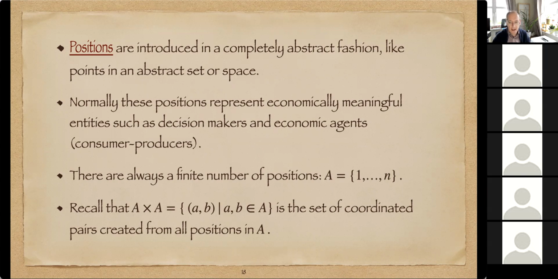So A times A are all the possible combinations of two positions in A. And there's an ordering. So (a, b) is different from (b, a), because a precedes b in this coordinated pair. This is different from b preceding a.